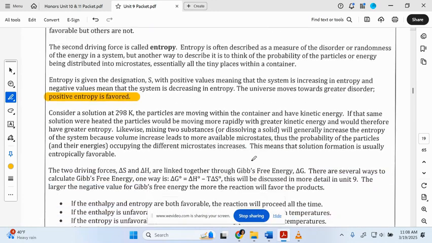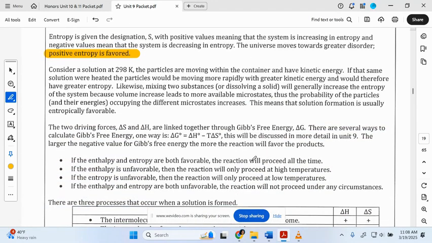If we have a container at standard temperature and the particles are moving within the container, they have kinetic energy, of course. If the solution's heated, they're going to be moving faster, right? Higher velocity. So they're going to have a higher entropy.